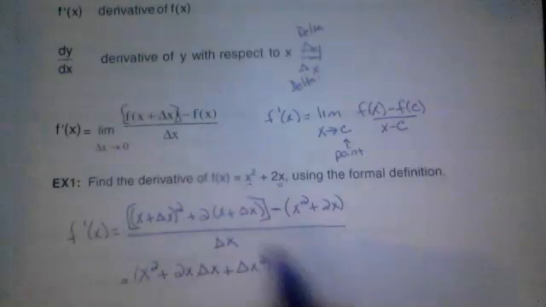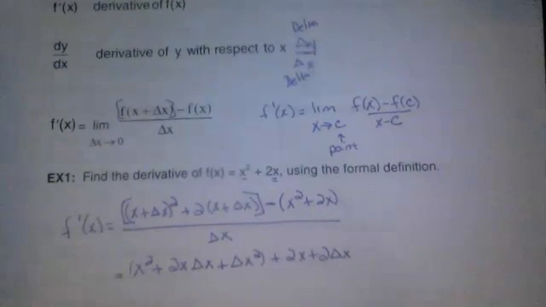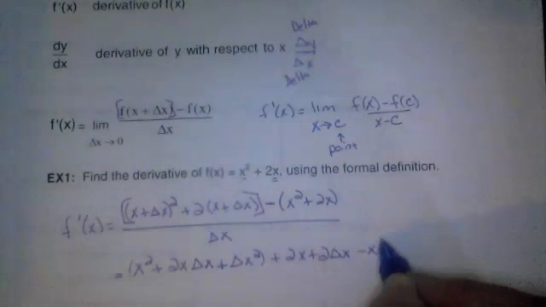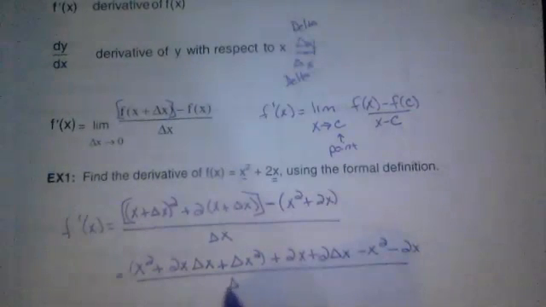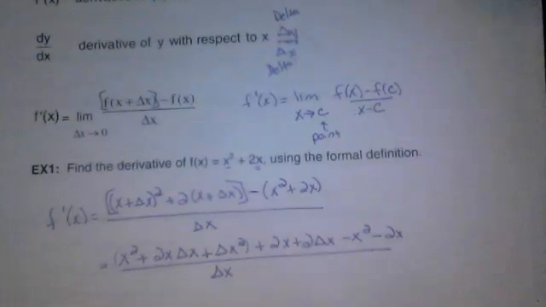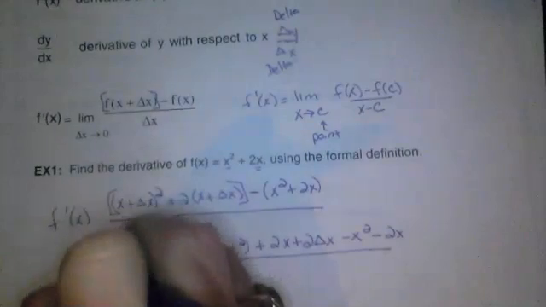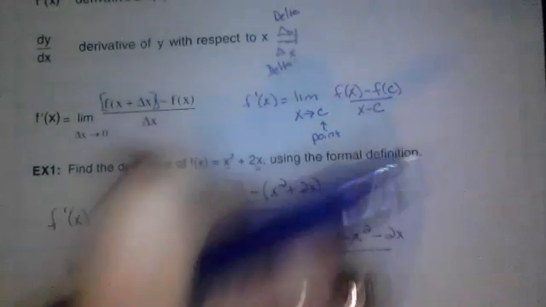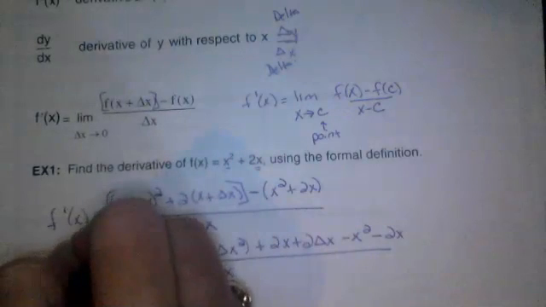Plus, and then I'm going to distribute the 2, so plus 2x plus 2 delta x, then minus x squared minus 2x all over delta x. And I forgot to put the limit in front of that, so let's do that. Don't leave that out. The limit as delta x approaches 0.